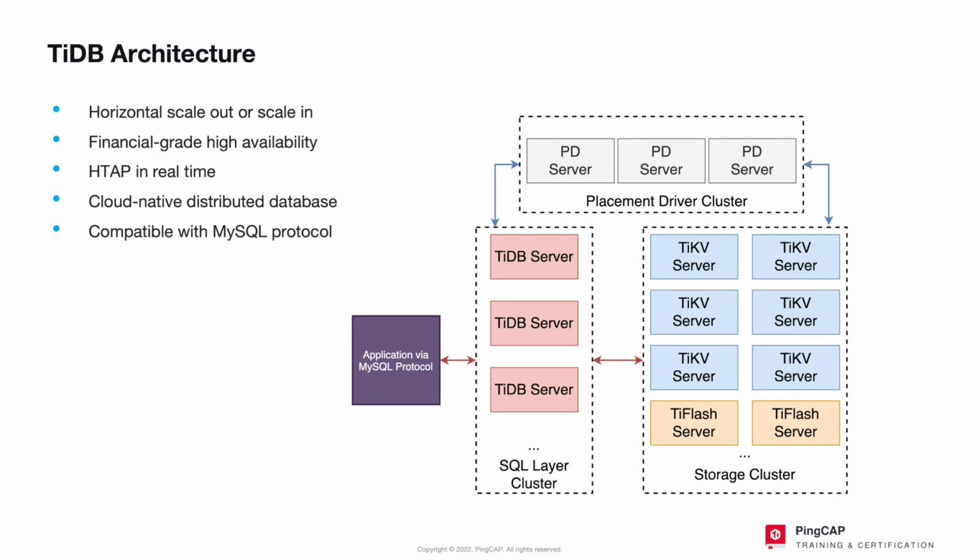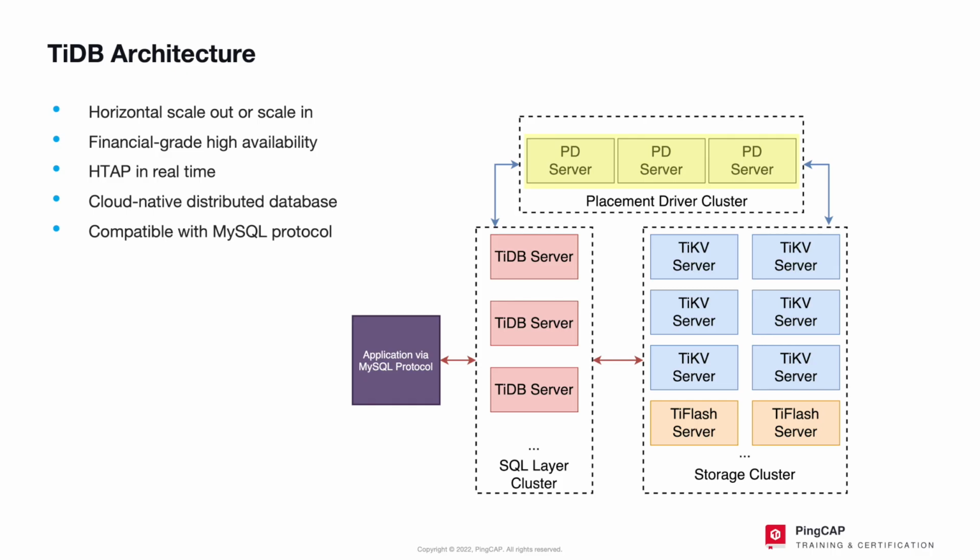The three components of the TiDB database are PD cluster, TiDB server, and TiKV. The PD cluster is the control center of the entire database. Think of it as the brains of TiDB database.